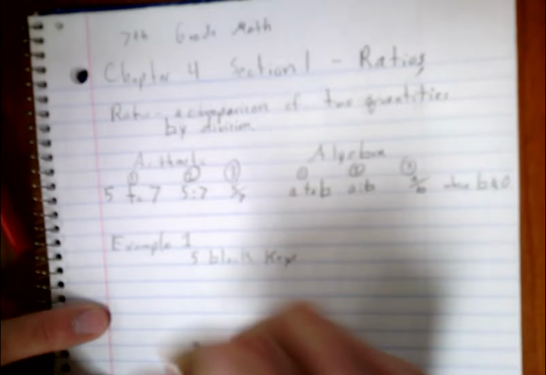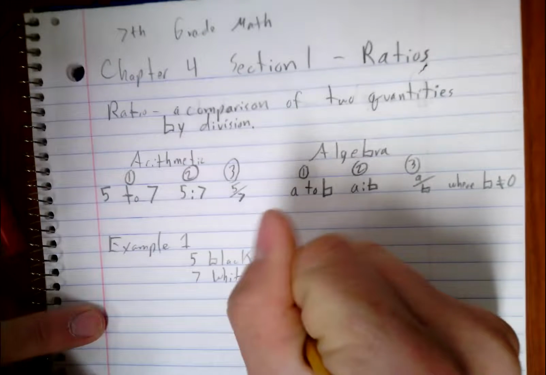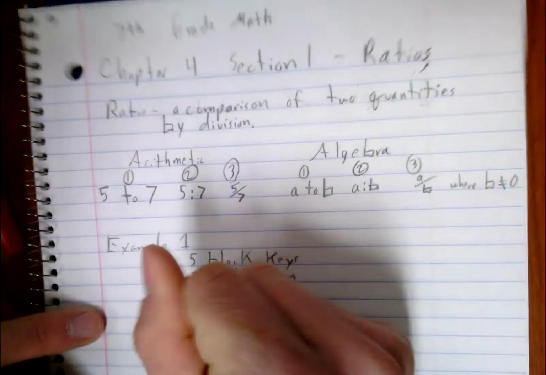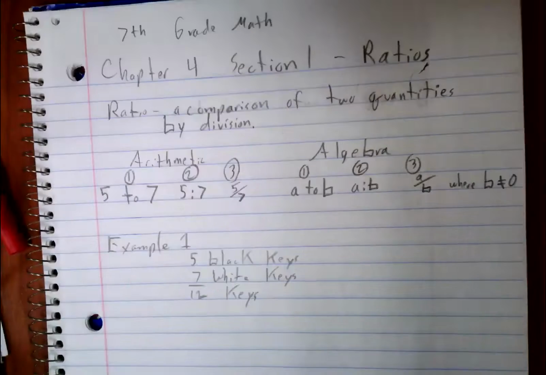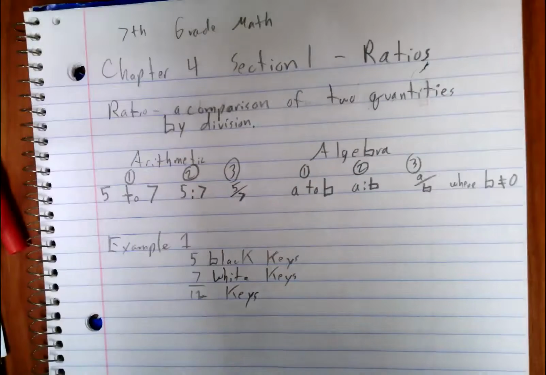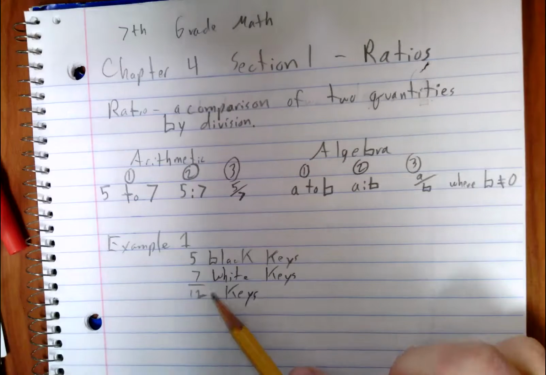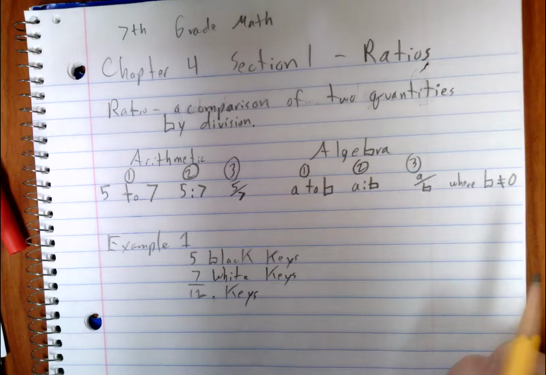Okay. It's going to have 7 white keys for a total of 12 keys. Okay. So the first example says use the pattern shown right here. Write the ratio of black keys to all keys in 3 ways.